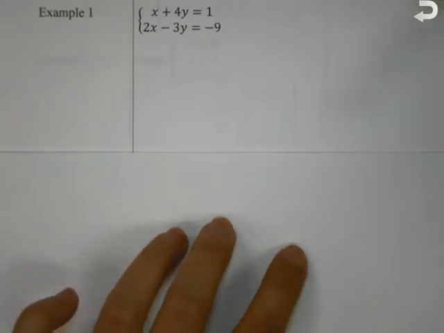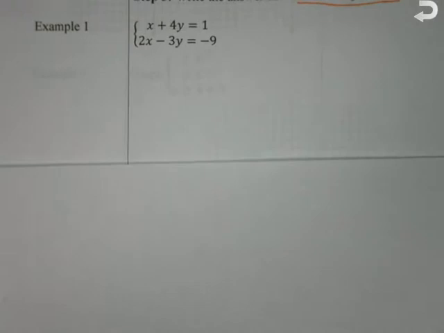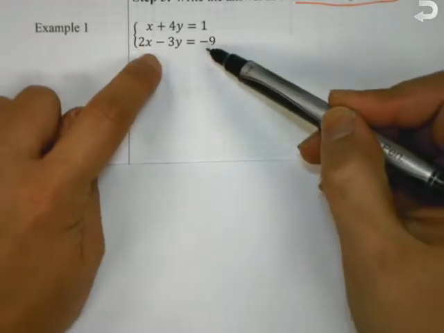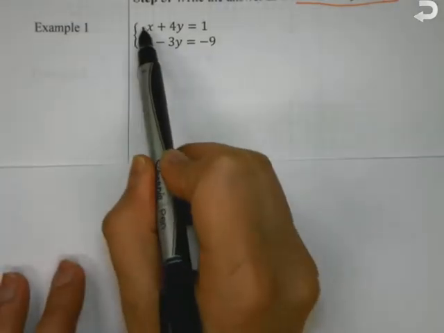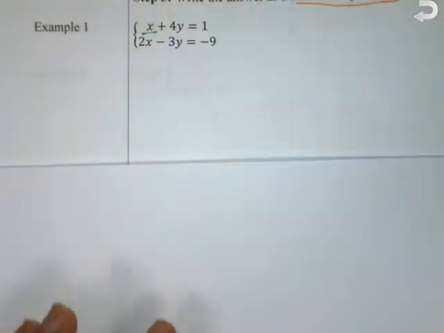My system is x plus 4y equals 1 and 2x minus 3y equals negative 9. So I have two equations in this system. Okay, so substitution, if you look at step 1, it says first we want to solve for one of the variables. Look at each of these equations. Does any variable look easy to solve for? The first one. Yeah, look at this first equation and look at x. x is already nearly by itself, so we just have to get it all by itself.